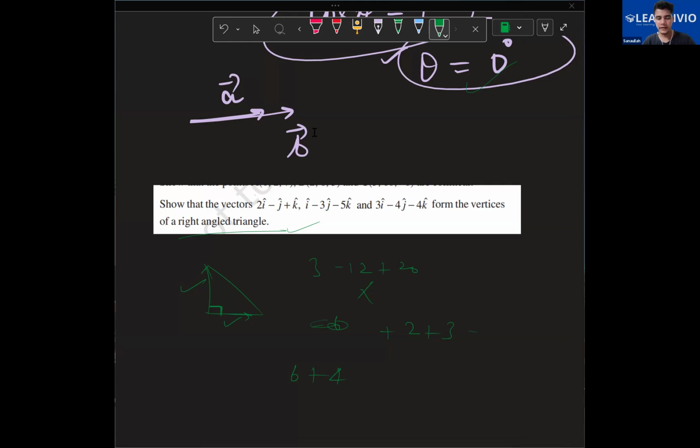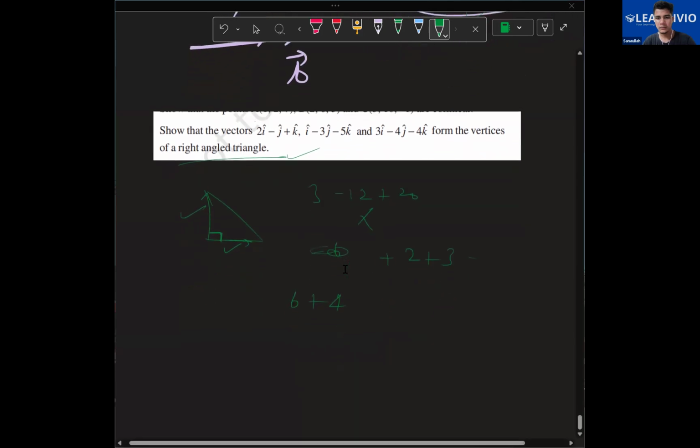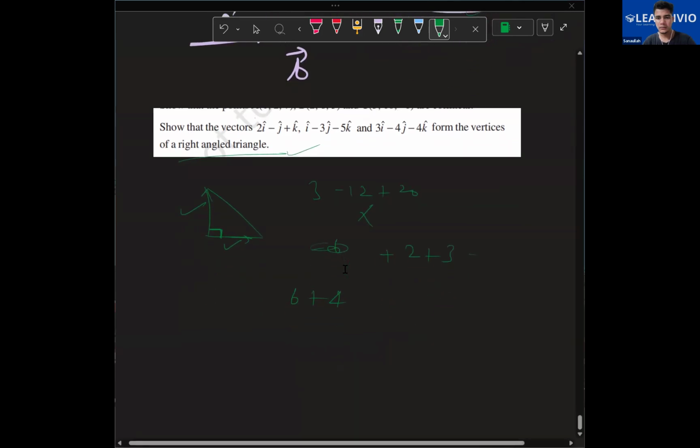Whose vectors are giving you the 0 dot product? BC and CA. What? BC and CA?